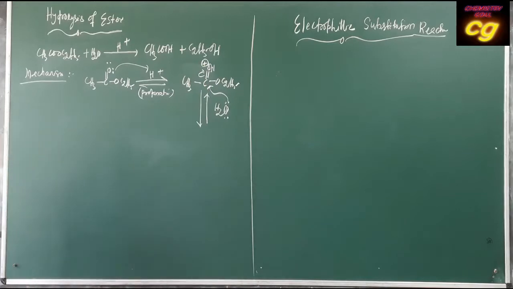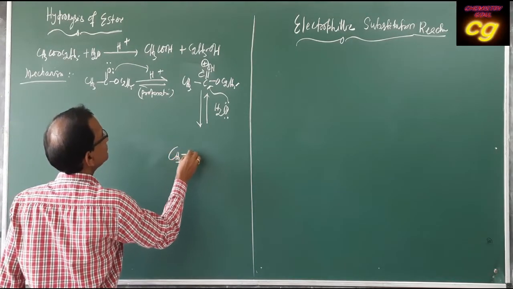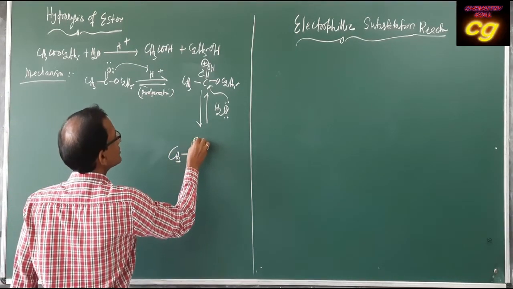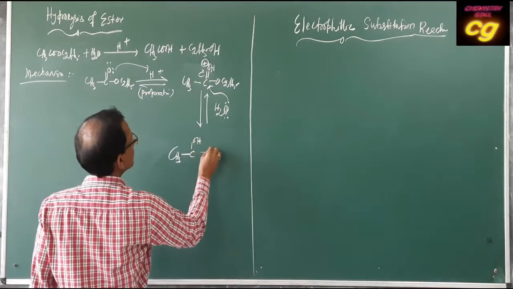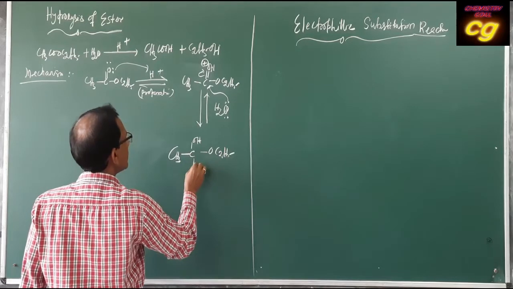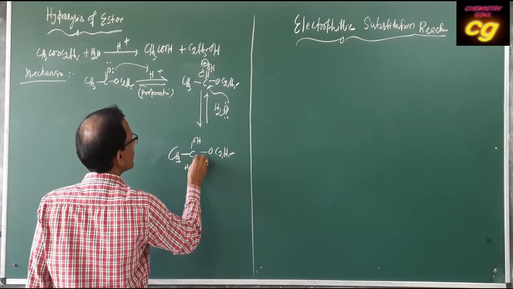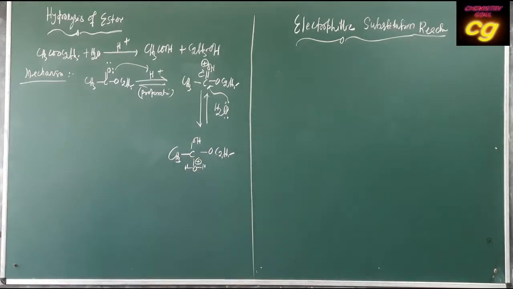Okay. Then what is the structure when water attacks? The structure is like this: CH3, C, OH, then OC2H5, OH, OH. Now, what happens here?